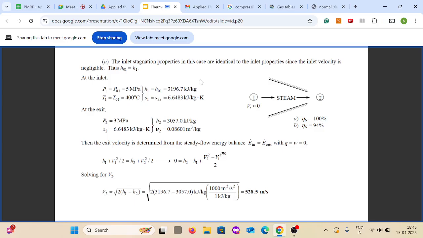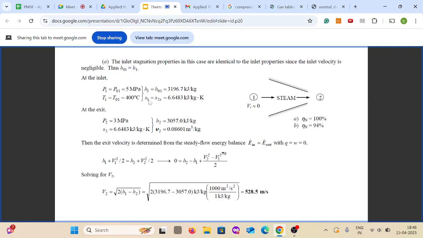Since velocity is negligible, we can neglect the kinetic energy and H0 becomes H1. So at inlet you have P equal to P0, which is 5 megapascal, and similarly H becomes H0, which is 3196.7 kilojoule per kg for P and T of 5 megapascal and 400 degrees Celsius.